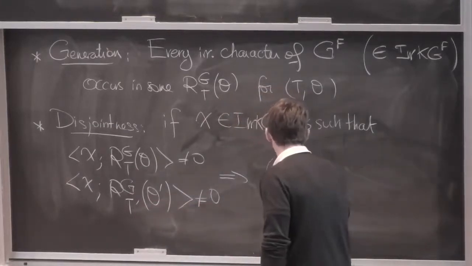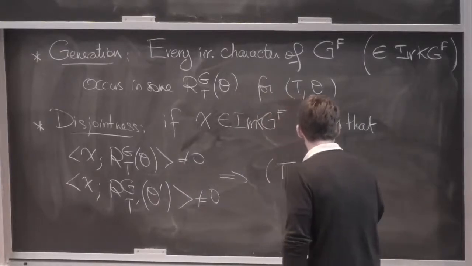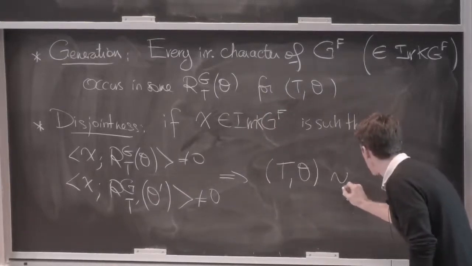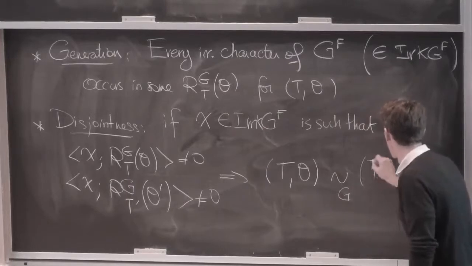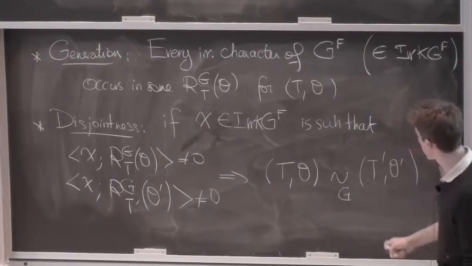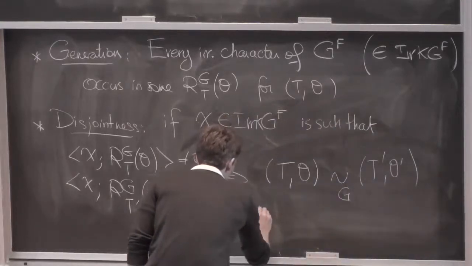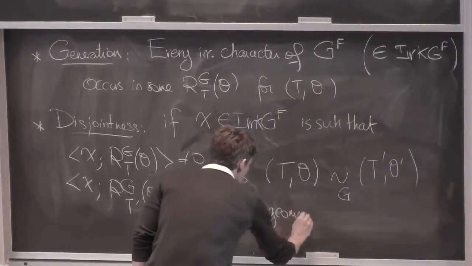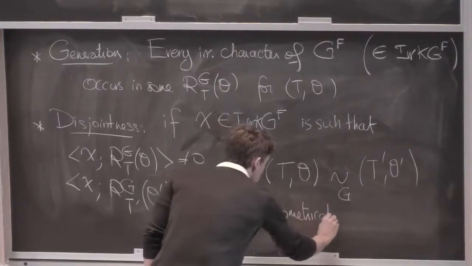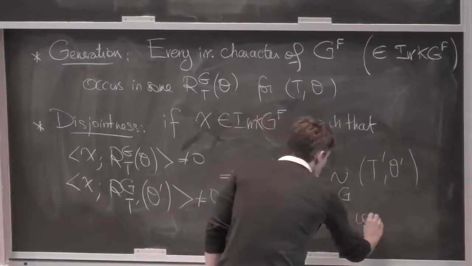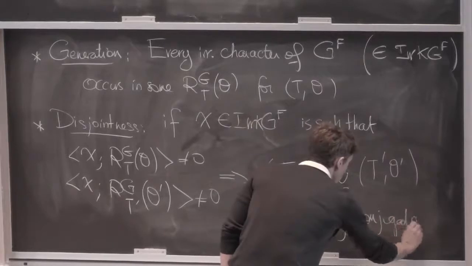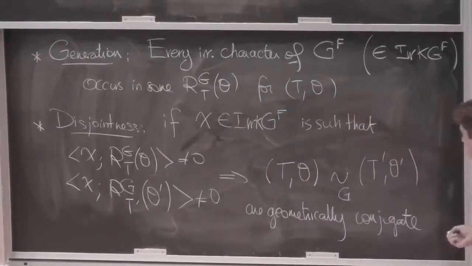Okay, so I won't say exactly what it is. I will write it like this as a conjugation, and we say that the pairs here are geometrically conjugate. So there is a notion of conjugation.